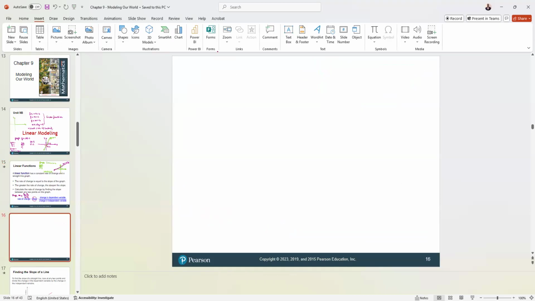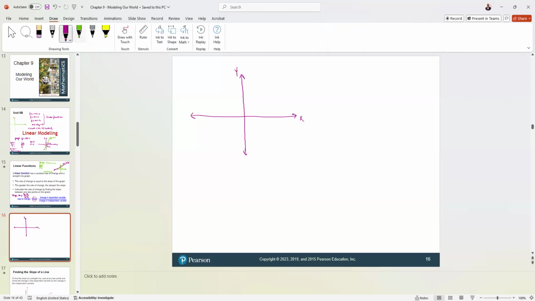Slope of a line, as we said, for when you have an XY plane, suppose this is an XY plane, a very straight line. This is Y and this is X, right?